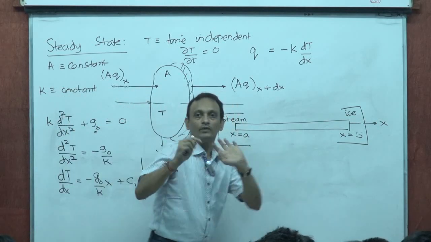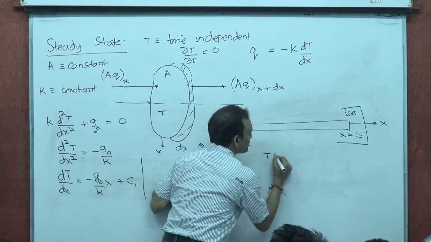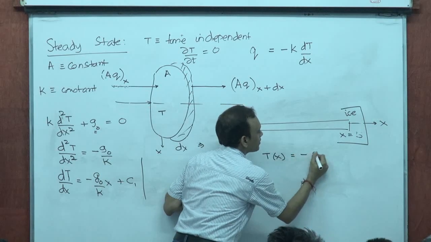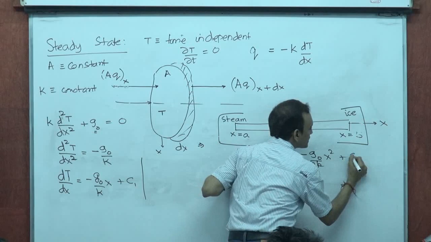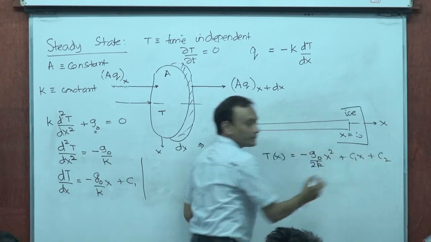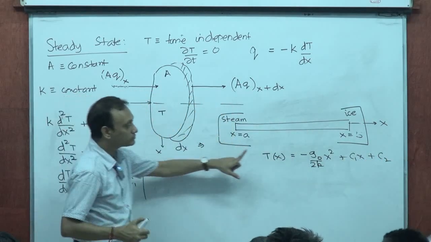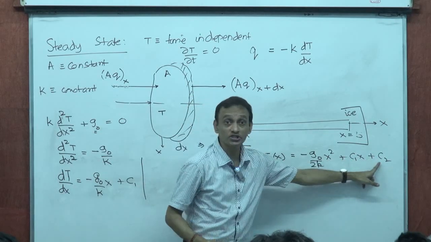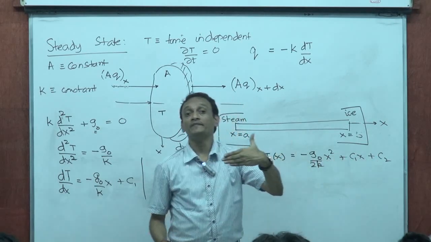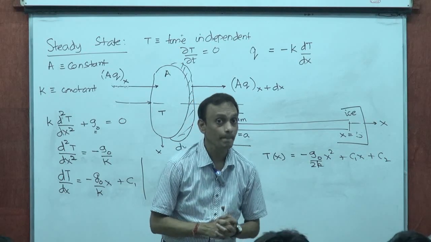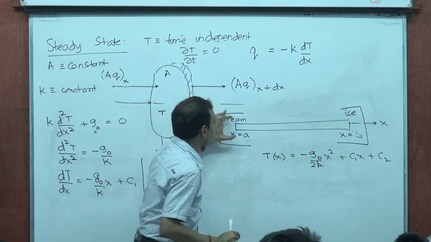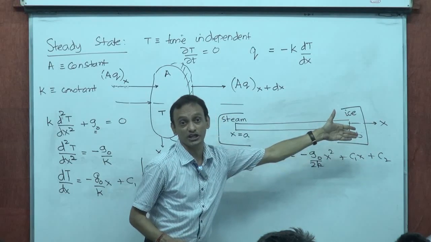I'm saying the way you obtained temperature as a function of x was minus G naught by 2k x squared plus C1x plus C2, right? These are two constants that we need to obtain, and therefore we need two boundary conditions to be able to obtain C1 and C2, isn't it? This is one kind of boundary condition that's possible.